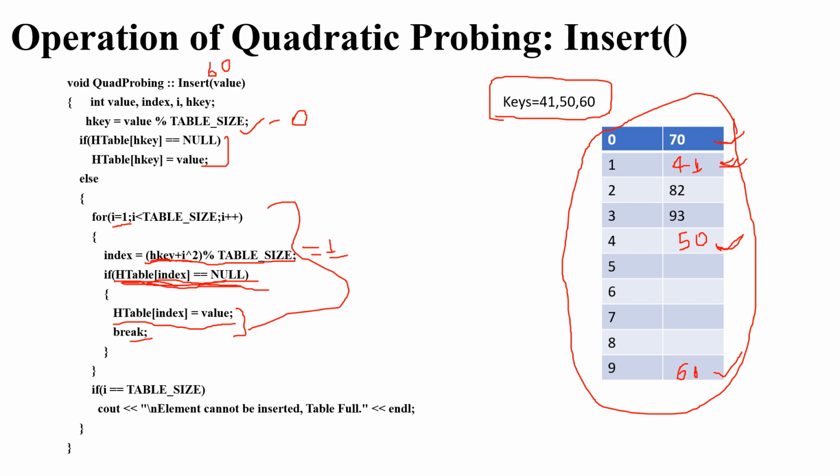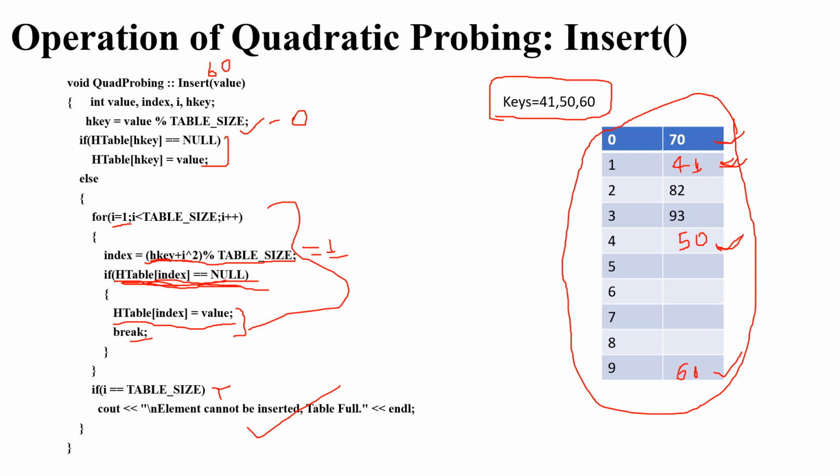Right? Then similarly, if the table is completely filled, then this for loop is going to fail, and you come out and check whether i is equal to table size. If the table is completely filled, this condition will be true, and it will show a message that the element can't be inserted because your table is completely filled.